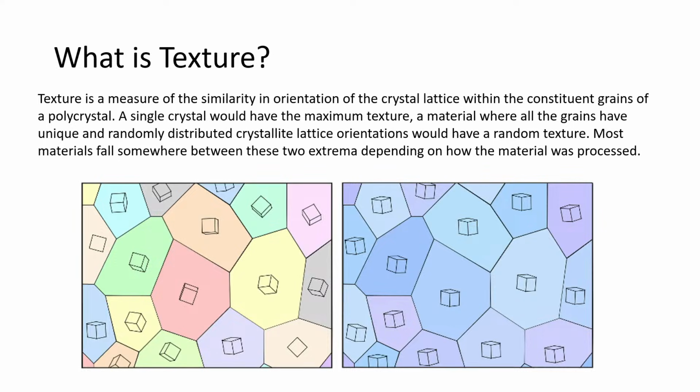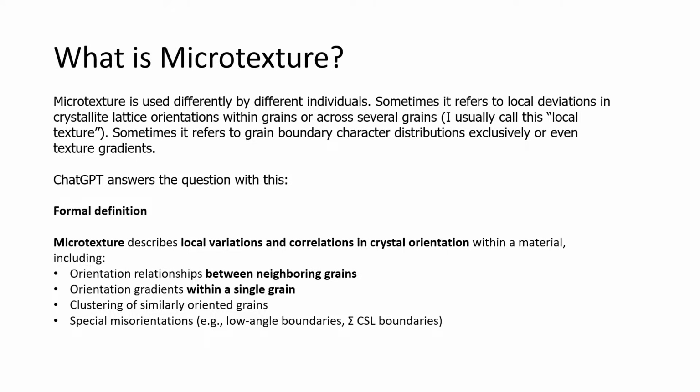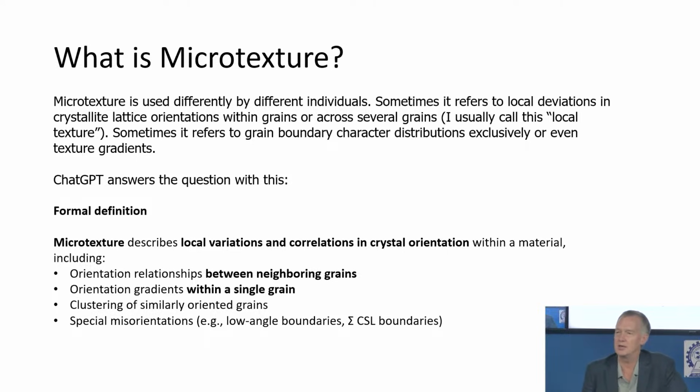I don't argue about it. To me, they're about the same. But sometimes the purists, especially the mathematicians, will argue about the difference between random and uniform. To me, it's random texture, uniform texture. All right, there's another term you'll hear called microtexture.